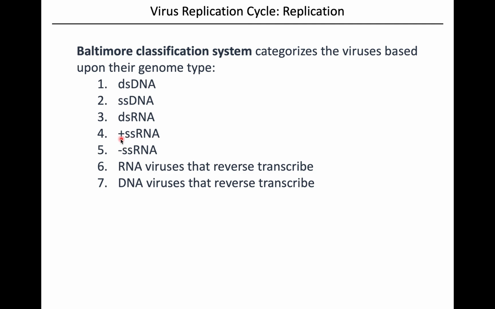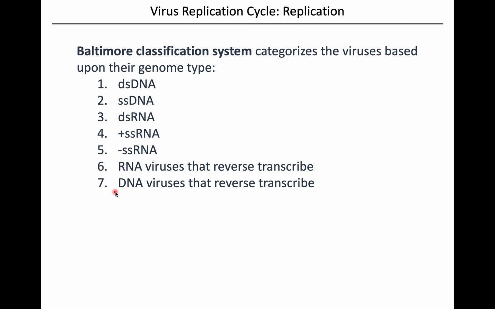What this distinction means: a plus-stranded RNA is basically equivalent to a messenger RNA in a cell, and that could be immediately translated into proteins, whereas with a negative sense, you would have to make a positive sense complementary copy first before you could carry out translation.